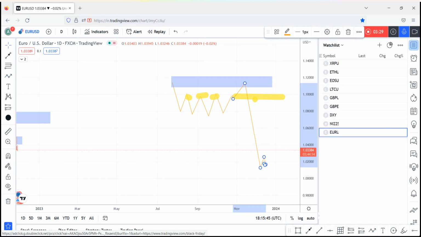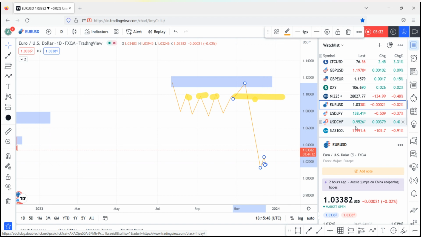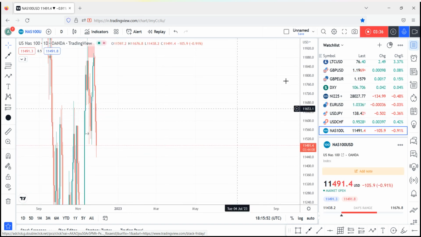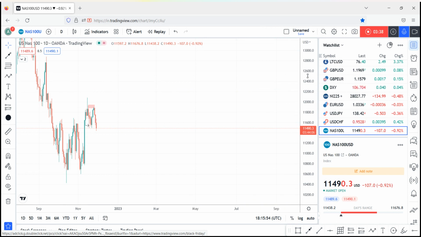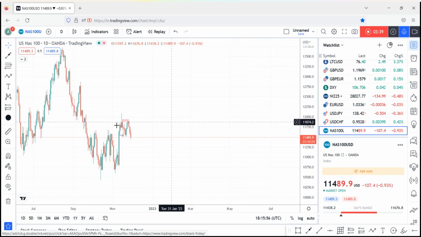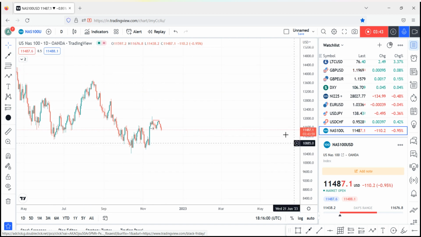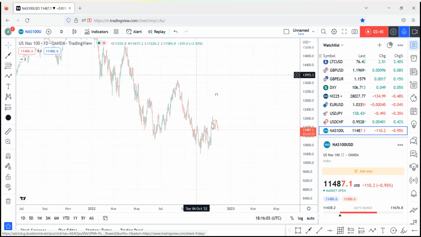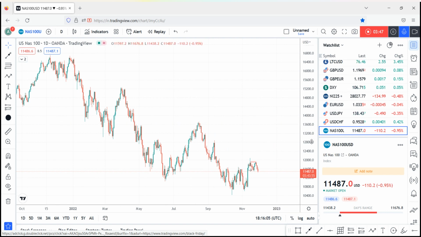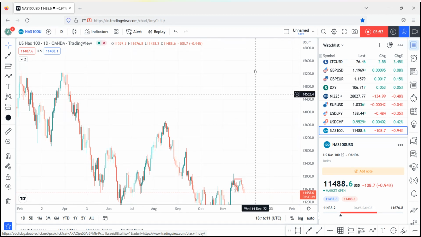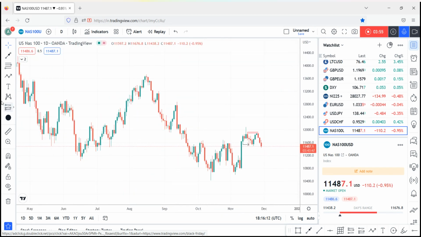on a live chart. So let's go on a live chart. Let me tell you. So from here, price is in a bullish trend, right?